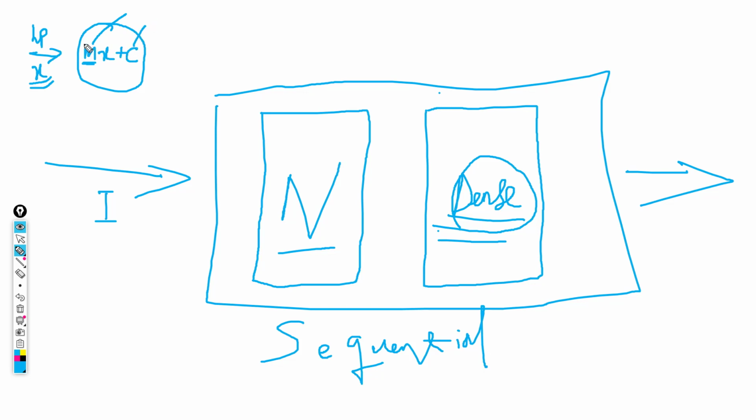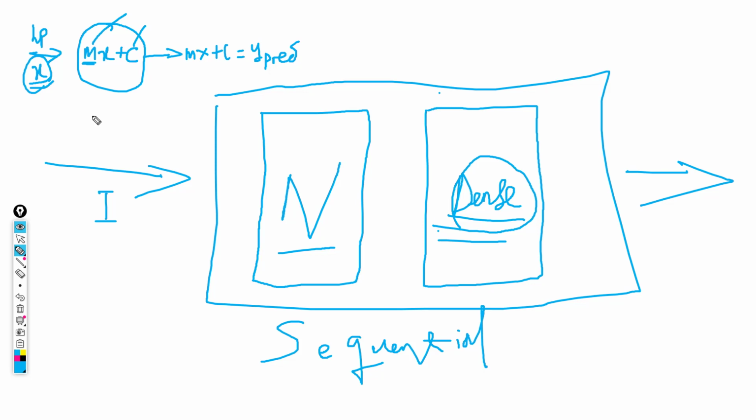So that said, we have mx plus c, and here's our output, which is equal to y predicted. So let's call this y predicted, and that's it.